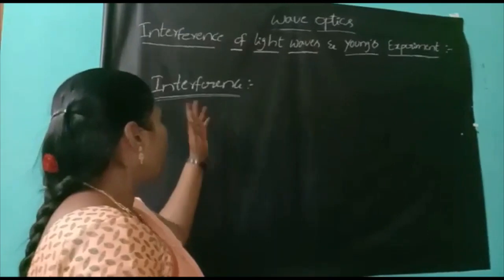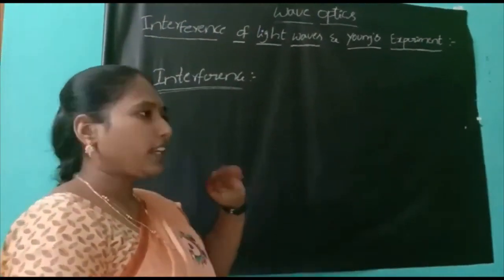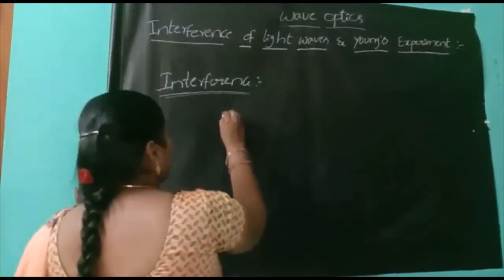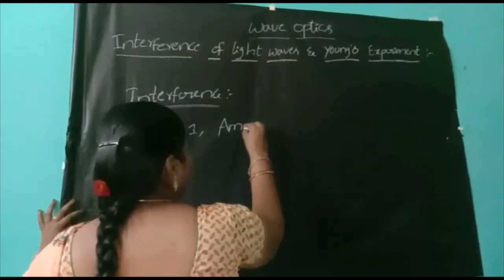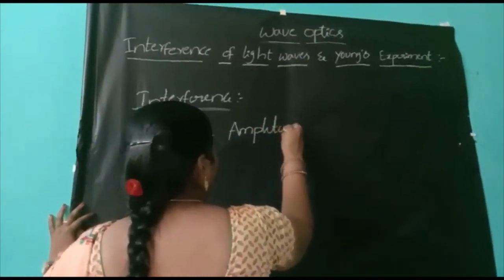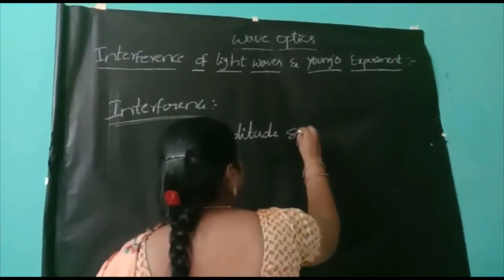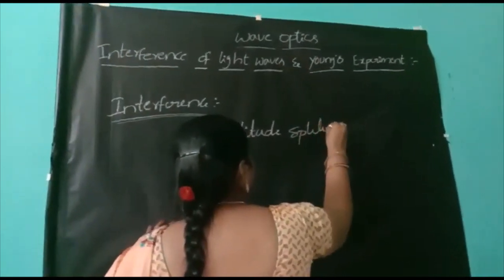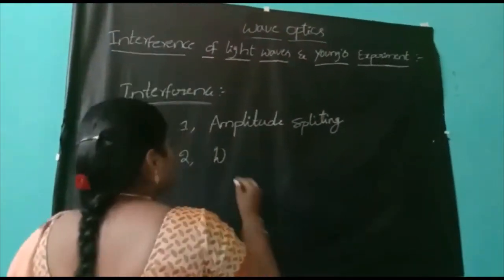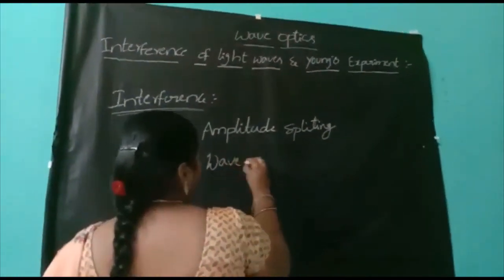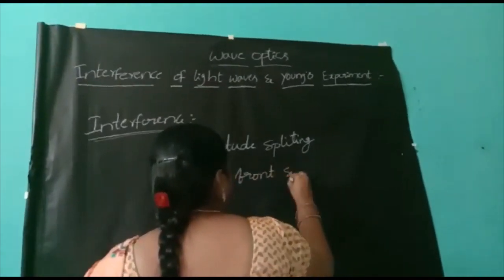This interference can be produced by two different techniques. First one, amplitude splitting. Second one, wavefront splitting.